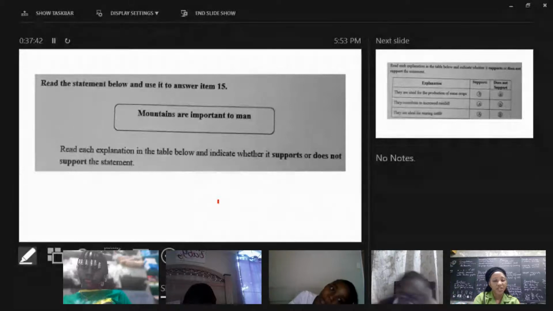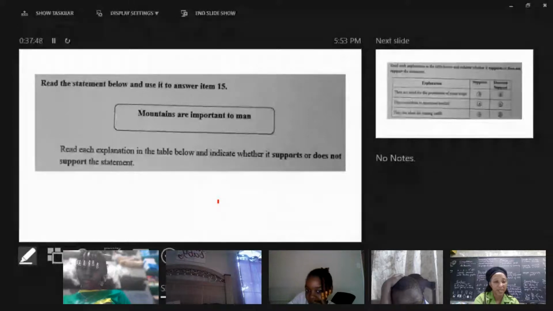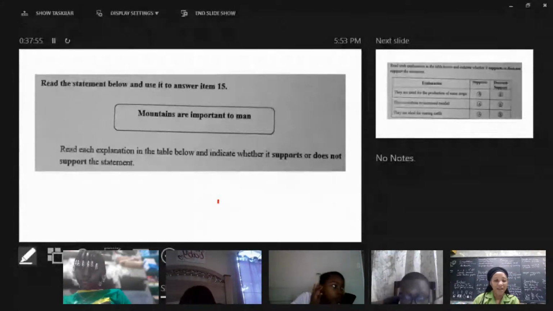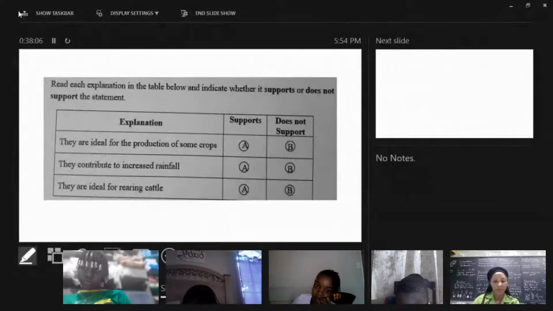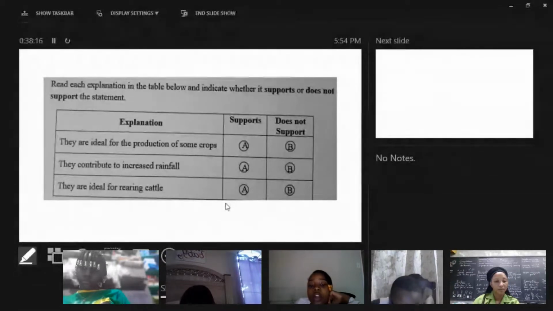Read each explanation in the table below and indicate whether it supports or does not support the statement. Legende, please read.